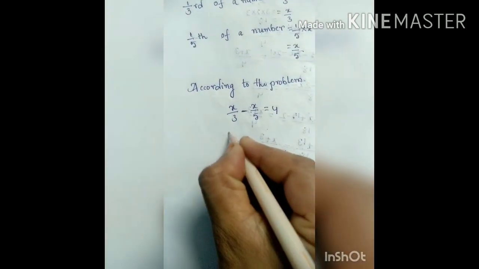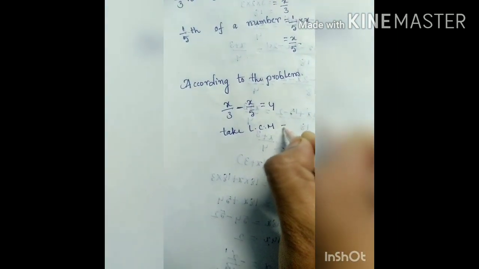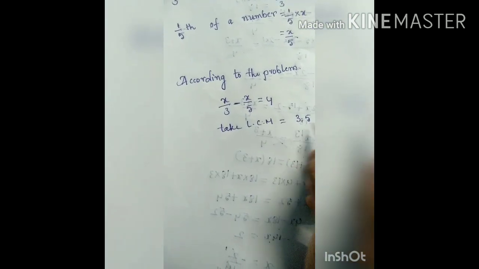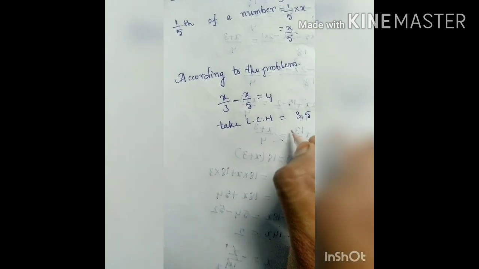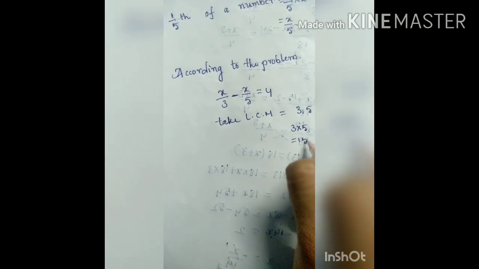Okay children, now here take the LCM of 3, 5. Observe that here two odd numbers are there. It is not possible for any table, only itself. Now 3 into 5 LCM, 3 5s are 15.